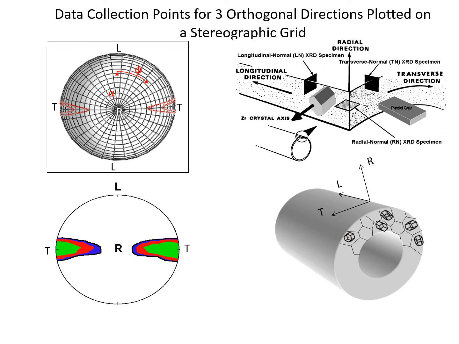Now, typically in a pressure tube, there will be a preferred orientation. If this hexagon here represents the orientation of a typical alpha phase grain in a piece of pressure tube, there are many, many more grains which are oriented such that their C-axis is parallel to the transverse direction, and this is represented on a pole figure such as this.